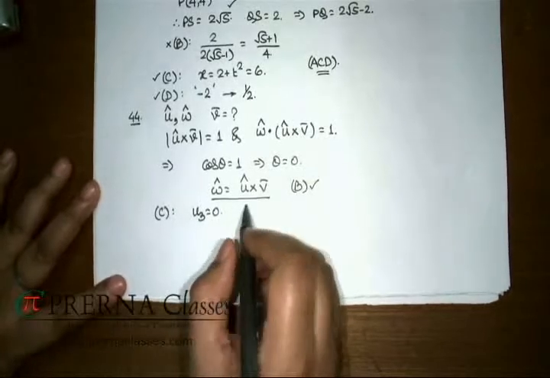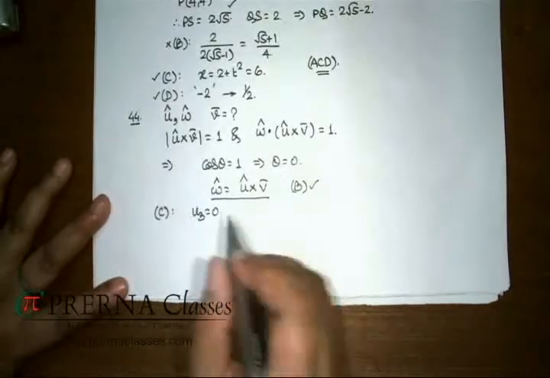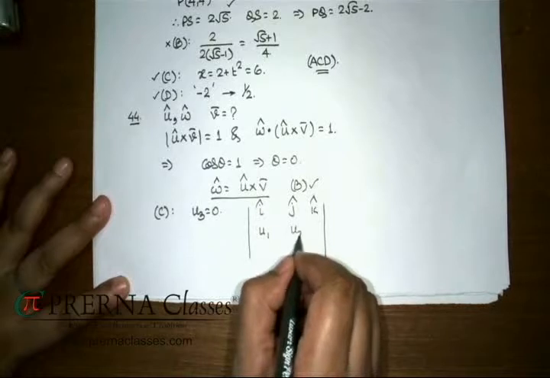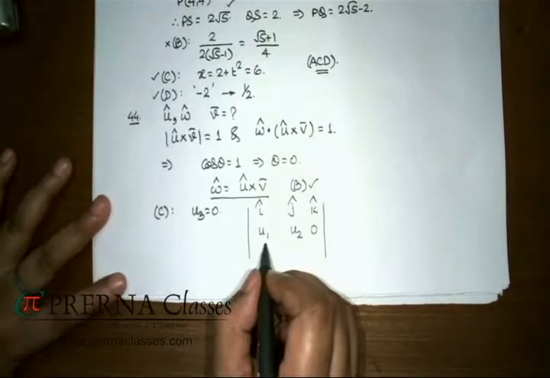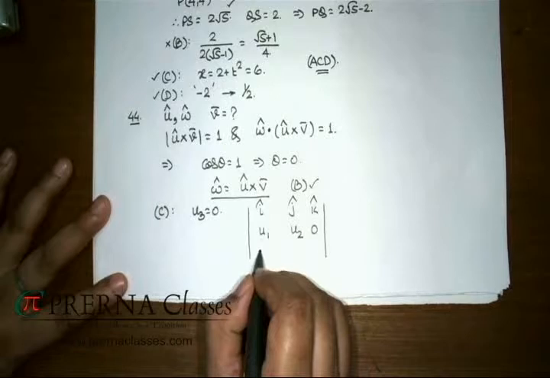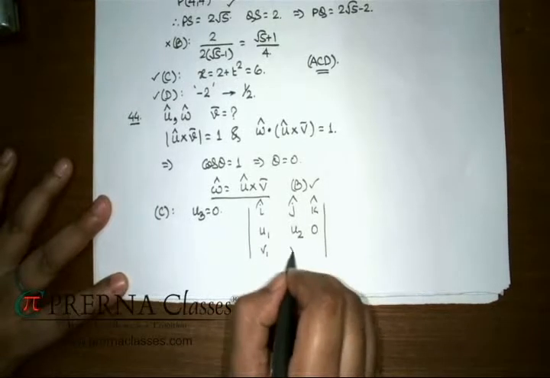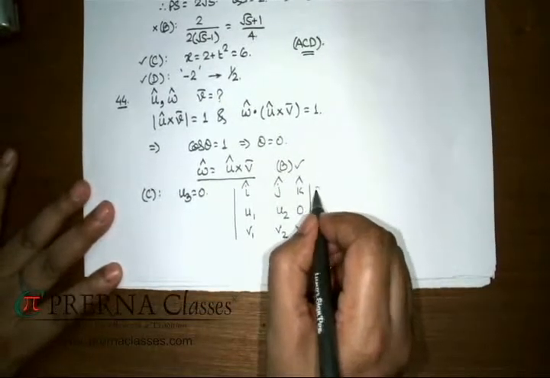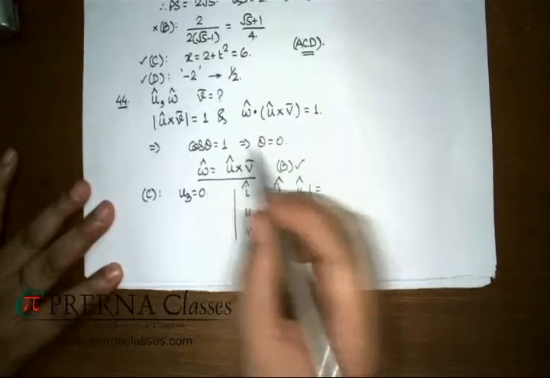Then if I were to consider U cross V, you can check that this particular expression has to be equal to W.